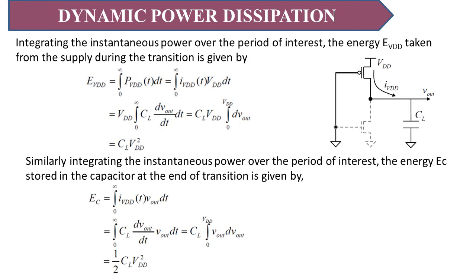Now placing these limits, we get C_L times VDD squared. So this is the energy taken from the supply during the transition.